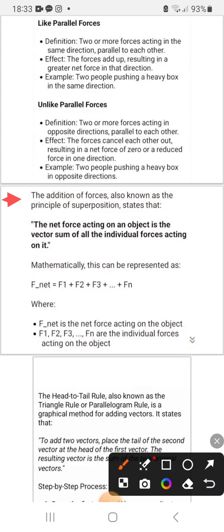Mathematically, we can represent this as F net is equal to F1 plus F2 plus F3 and so on till Fn, where F net is the net force, or the total force acting on the object, which is the sum of all the individual forces, while F1, F2, F3, Fn are the individual forces acting on the object.